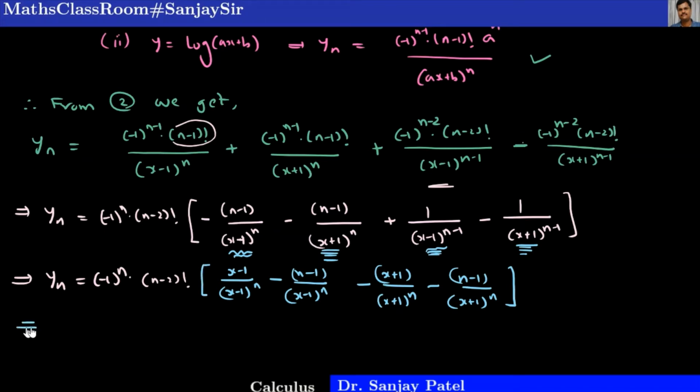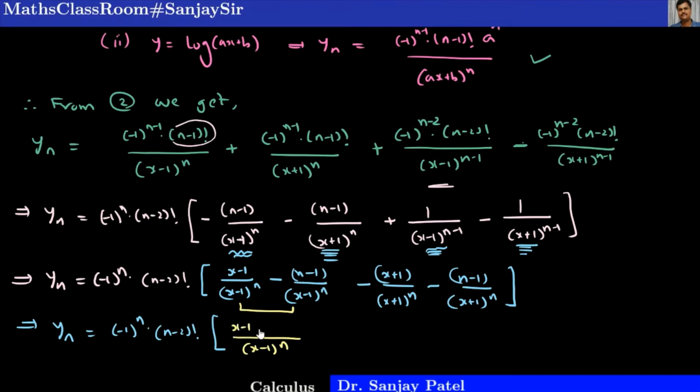So this implies yn is equal to minus 1 raised to n into n minus 2 factorial into, if you combine these two terms, x minus 1 raised to n is a common denominator, so I will get x minus 1 raised to n, and what you have to do is just add the numerator. The numerator is x minus 1 minus n plus 1.